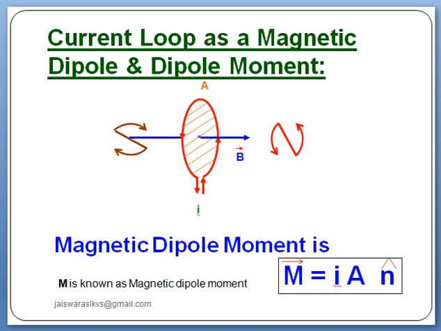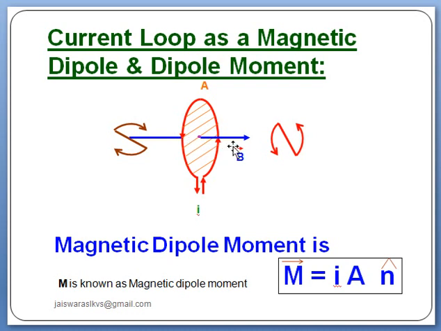See, as per the topic, when a current of magnitude I is flowing in a circular loop, that is called current carrying circular loop or current carrying circular conductor.